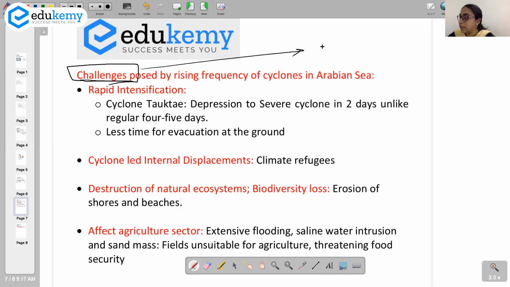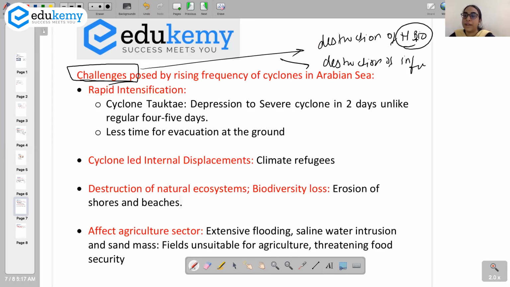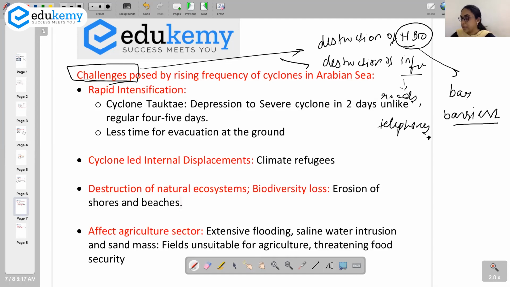It leads to the destruction of natural biodiversity in the form of wetlands and barriers. These are very good natural features. It also leads to the destruction of infrastructure like roads, telephone poles, etc.